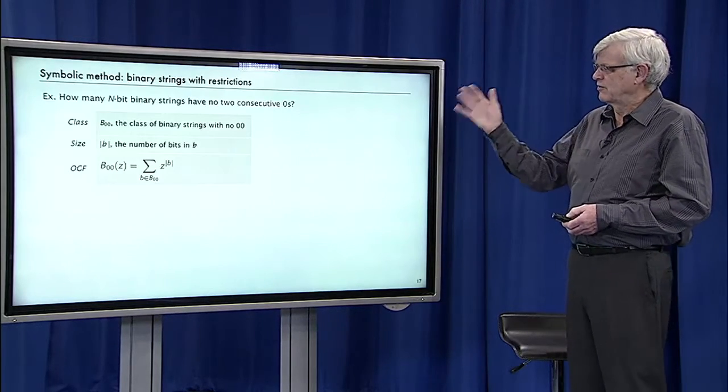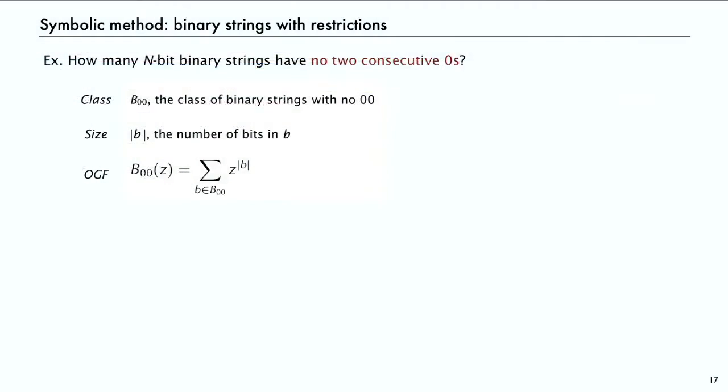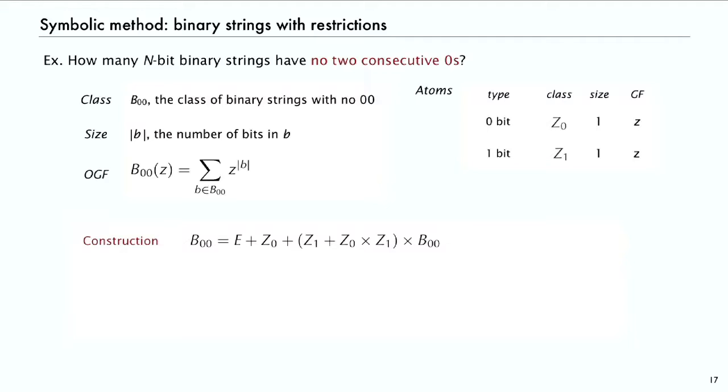But still, let's take a look at solving this with the symbolic method. Okay, so it's binary strings, so it's the same setup. Our class is the class of binary strings that don't have any 0, 0. We have the same setup for the generating function, and the atoms are all the same. So what does the construction look like?